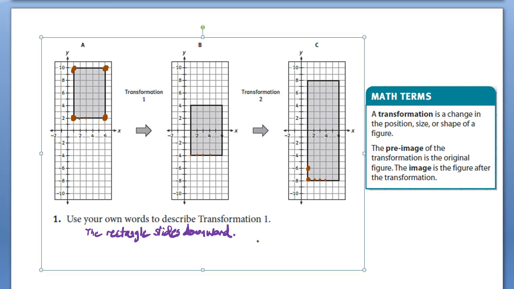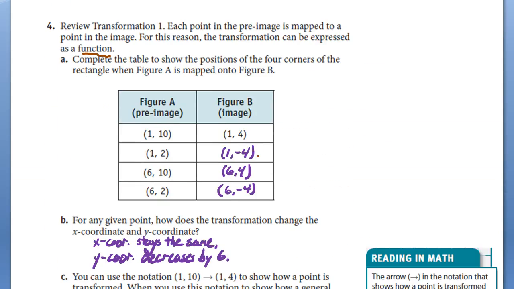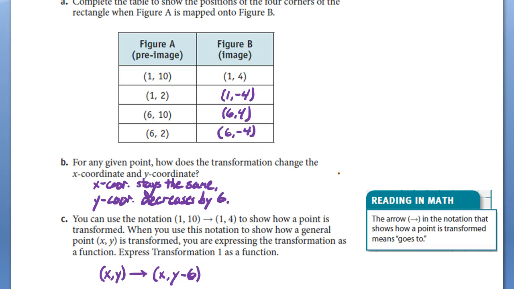After the transformation, here are the four corners. So what this question is asking is, what are these four ordered pairs? For example, this dot in the upper left corner is (1, 4). And so in the chart, I have filled in the corners of figure B. Question B, for any given point, how does the transformation change the x-coordinate and the y-coordinate? Let's look at the x-coordinates. That x-coordinate is 1. After the transformation, the x-coordinate is 1.